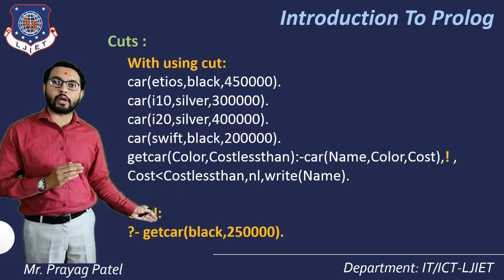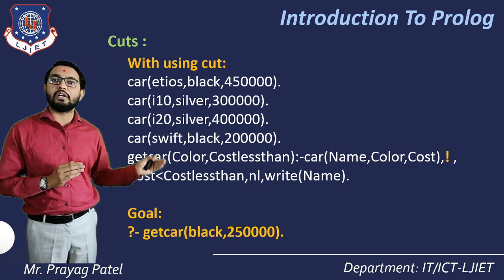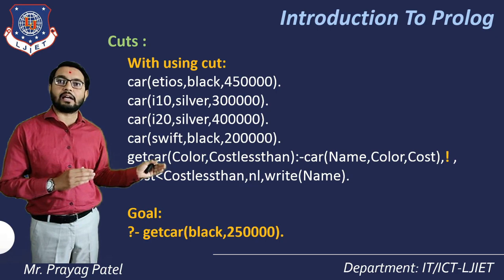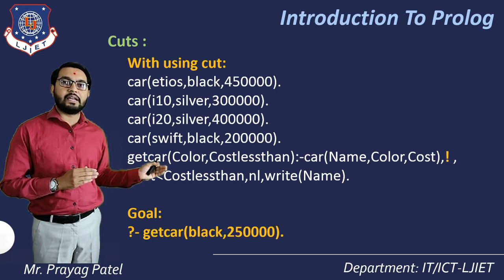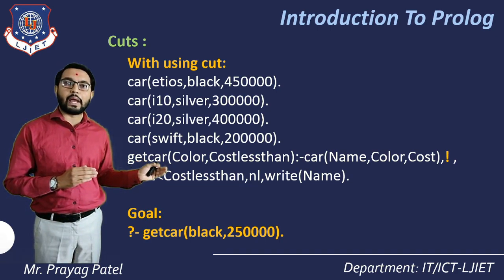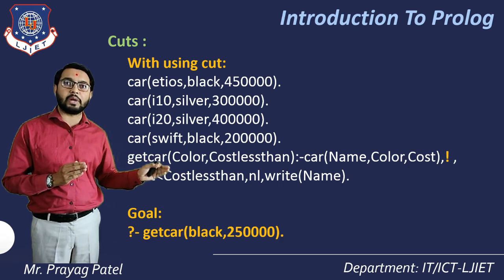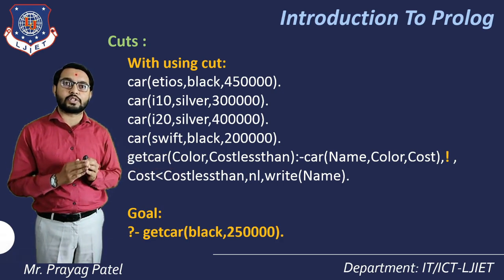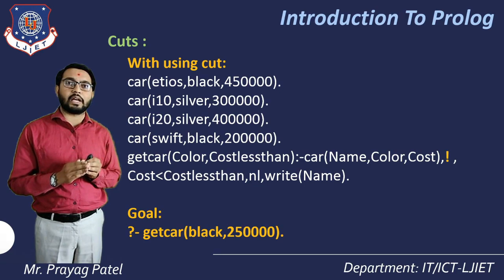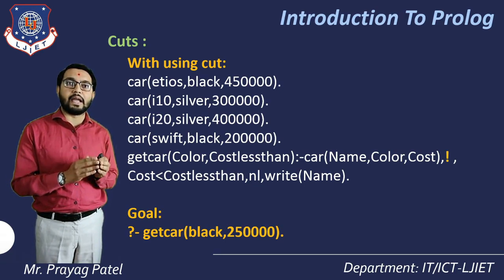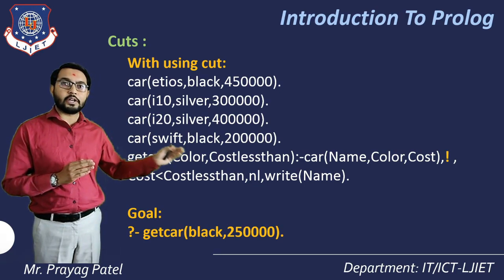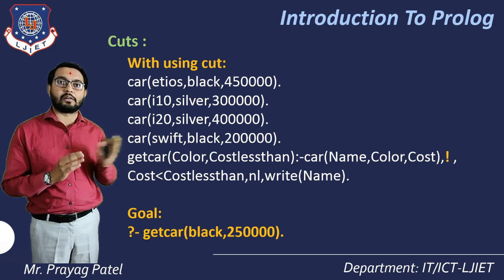So here according to the get car command, we move to this statement, get car, color, cost less than. So here color equals black and cost less than equal to 2,50,000. Now for this statement, first we check the right side portion. The first statement on the right side is car name, color, cost. So first match the car.